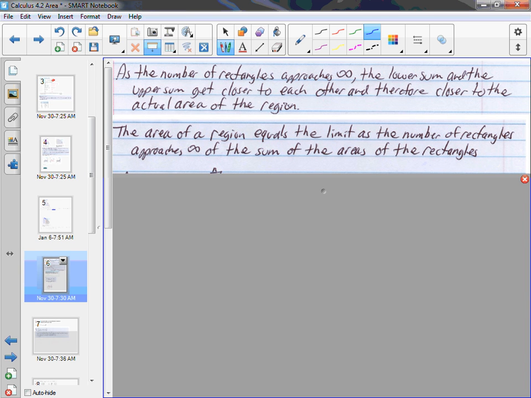And while you're writing, I'll remind you that the number of rectangles approaching infinity is the same idea as the rectangles getting more and more narrow, isn't it? The number of them approaching infinity and the width of each one approaching 0, never equaling 0, because then they wouldn't be rectangles, is the same idea. Do you see that that's the same idea?